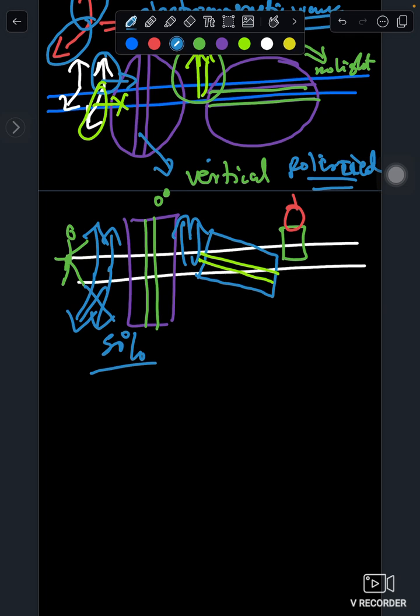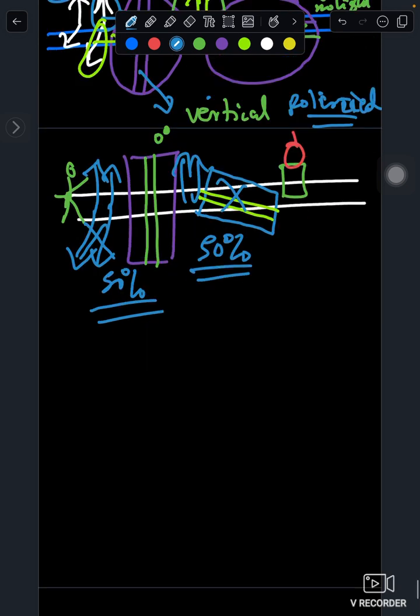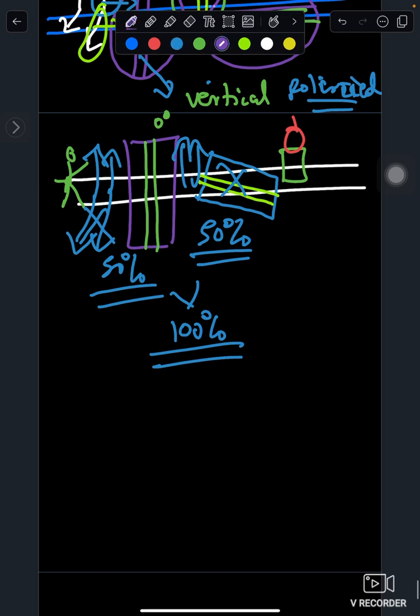Here again, this is a horizontal polarization, but these are vertical waves. So it will again block it and will not let the light go through. So 50% again. Together, they make 100% polarization effect.